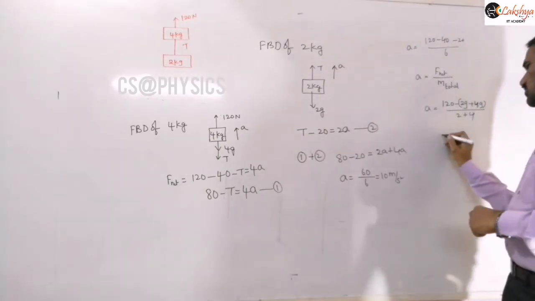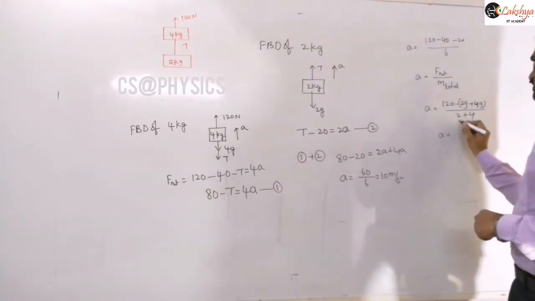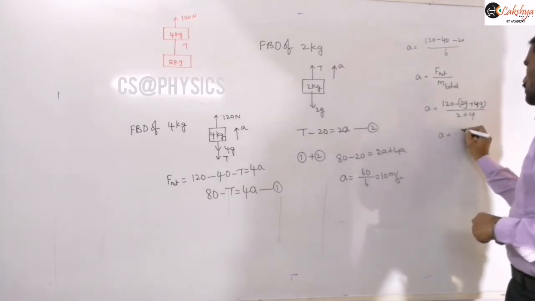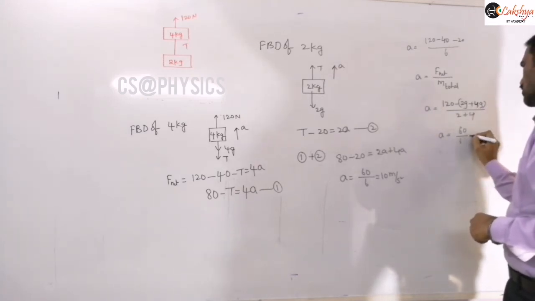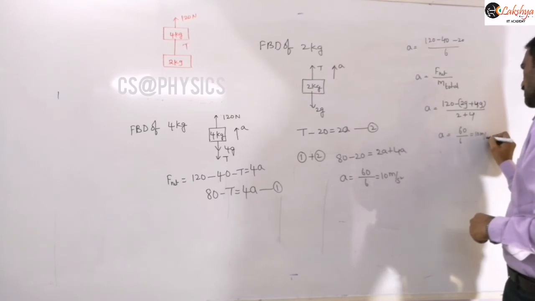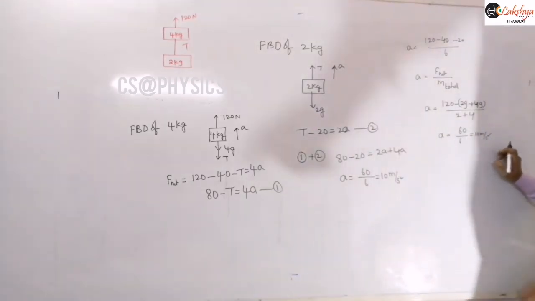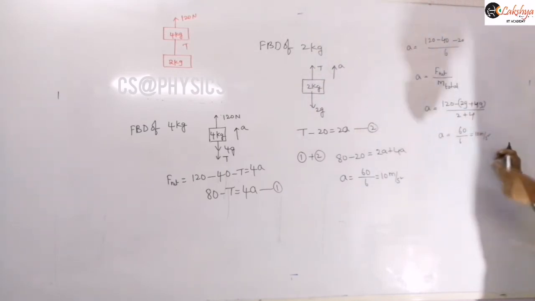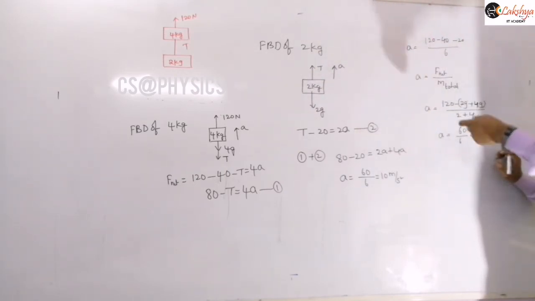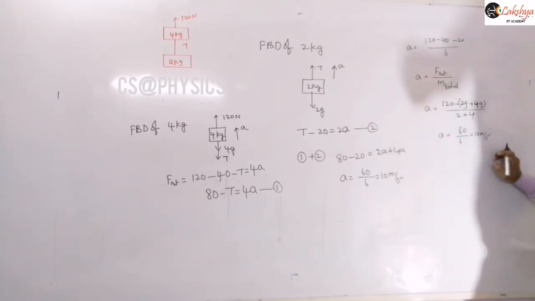Is it clear? So now this is 120 minus 60, so 60 by 6 you will get 10 meter per second square, which is what we got here. So either you can solve like this, or by using the acceleration formula directly as we mentioned previously.